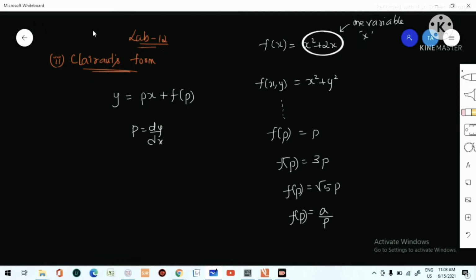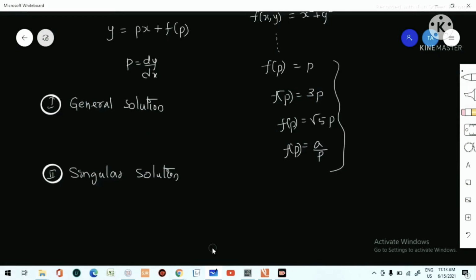In Clairaut's form, there are two solutions. One is called the general solution, and the second is called the singular solution.